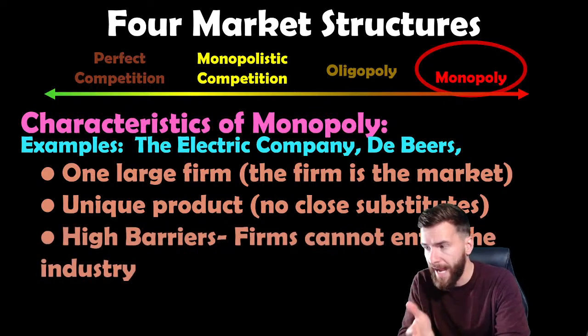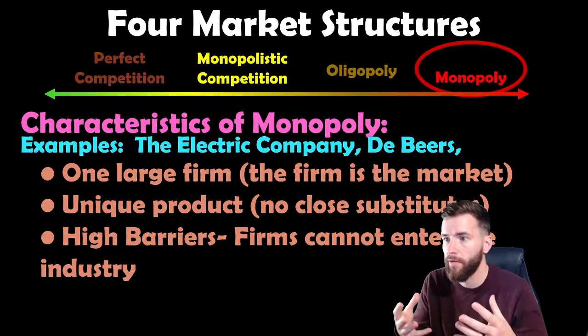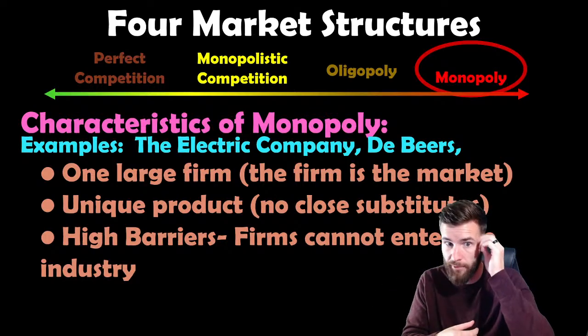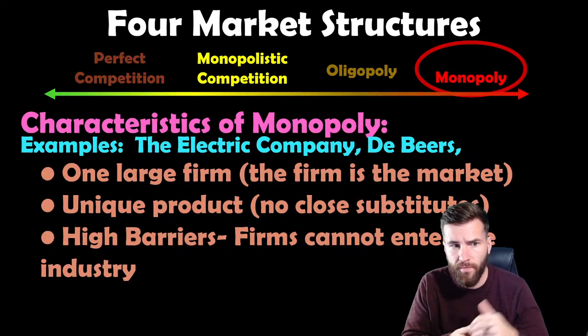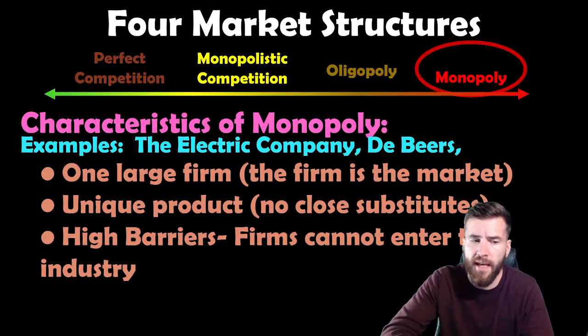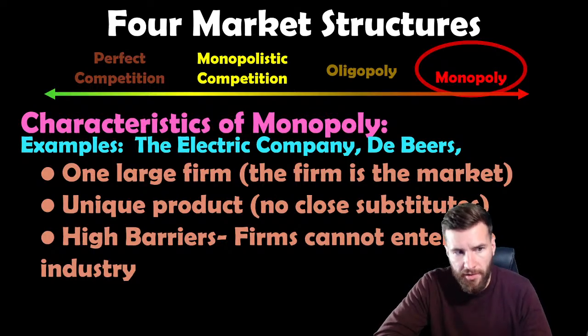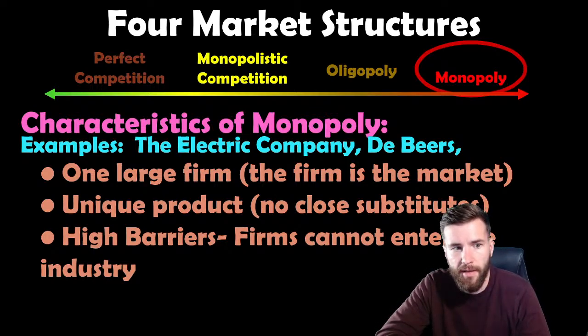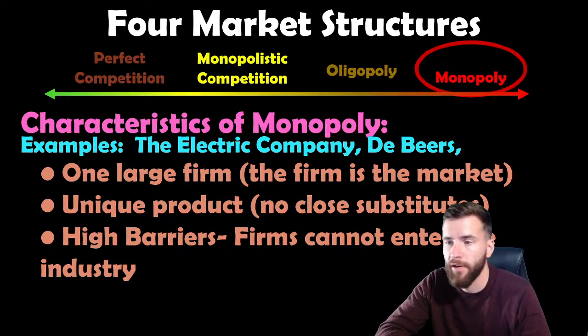And they're going to have high barriers to entry, because their intellectual property generally is protected. They have some sort of patent or copyright, some sort of protection over their invention, so other firms can't steal and replicate and produce the same product. Obviously patents and copyrights expire at some point, but monopolies generally have high barriers to entry, protecting their inventions.